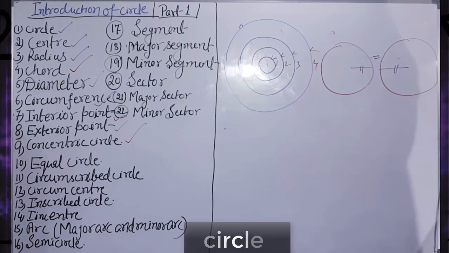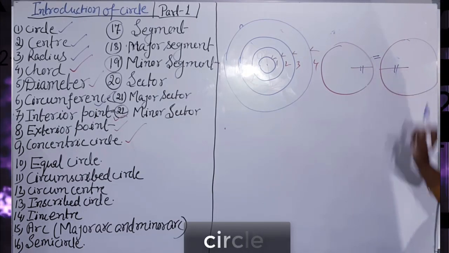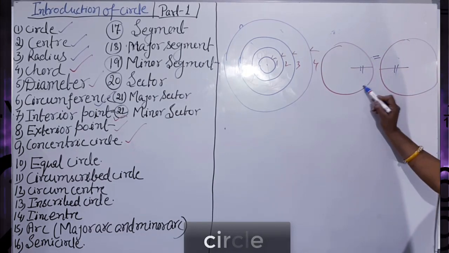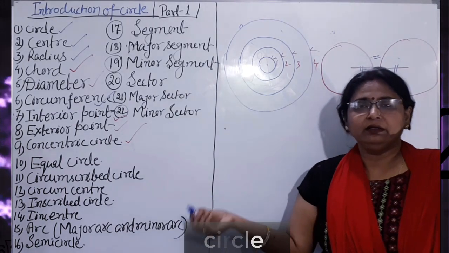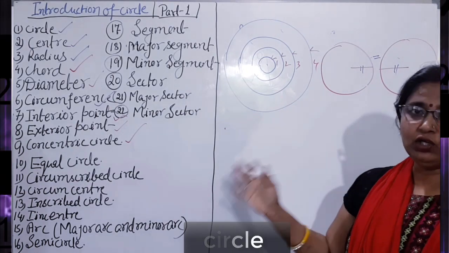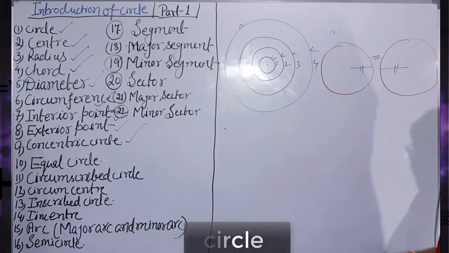Both are equal, congruent. Congruent we can also say in geometrical language. If two or more than 2 circles have equal radii, they are called equal circles or congruent.